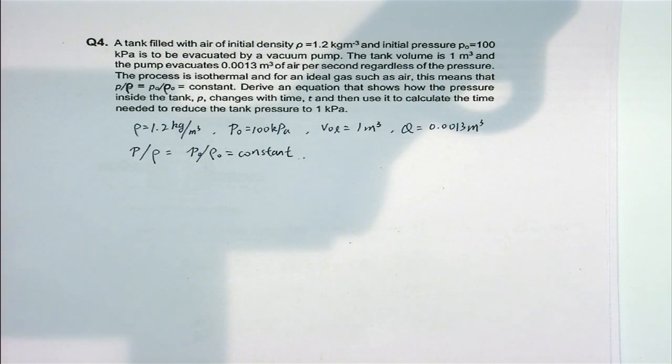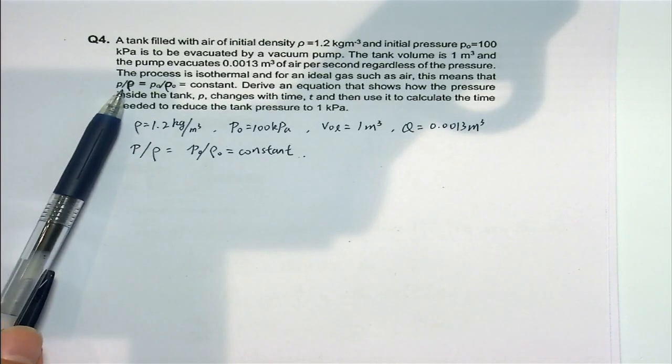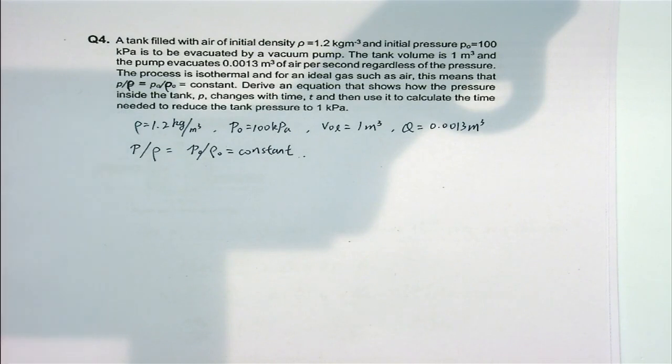So we couldn't use the volume flow rate conservation law. So we use the mass flow rate conservation law. And we know it has the relation that P over rho is a constant.